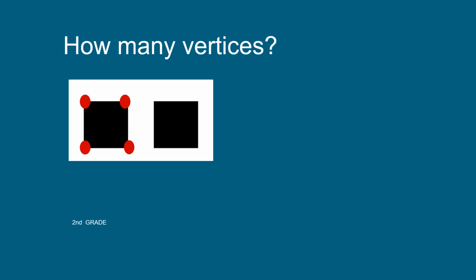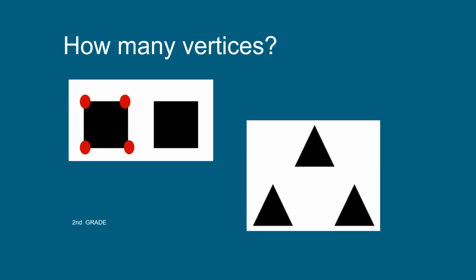Let's do another one. How many vertices do you see? There are 9 vertices. Each triangle has 3 vertices. 3 and 3 and 3 equals 9.